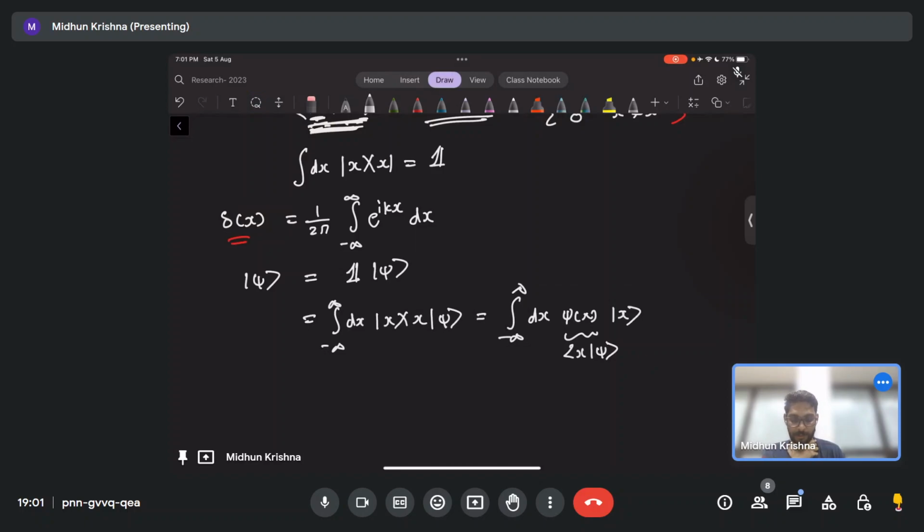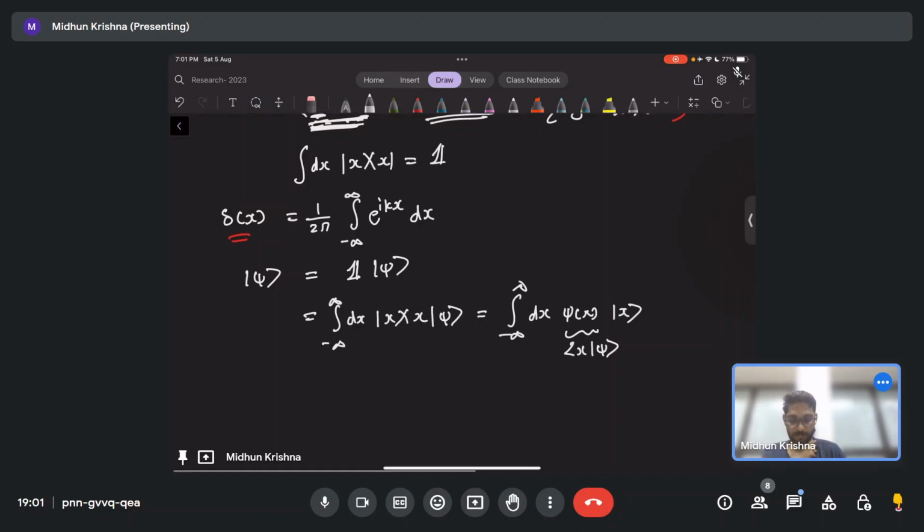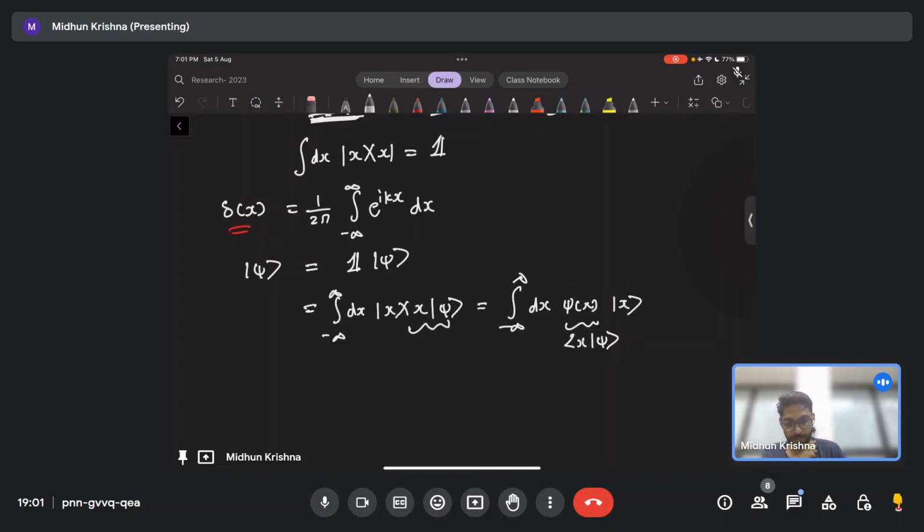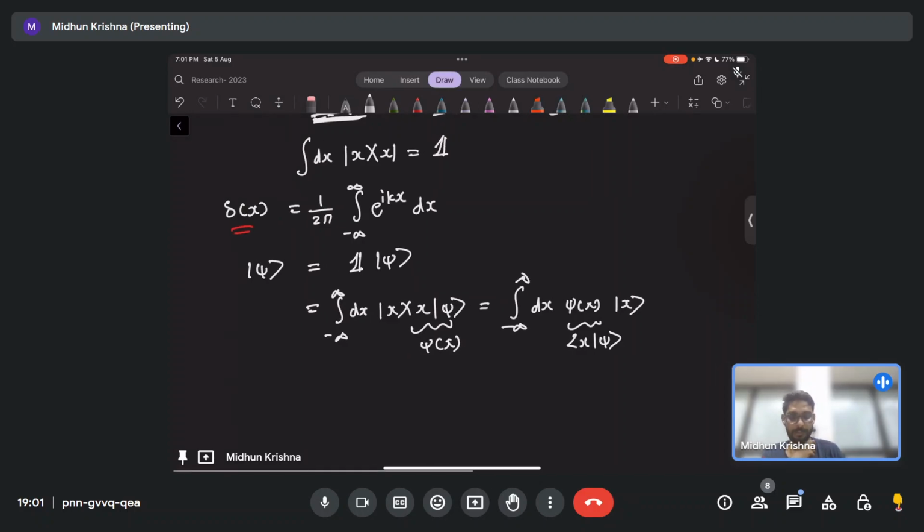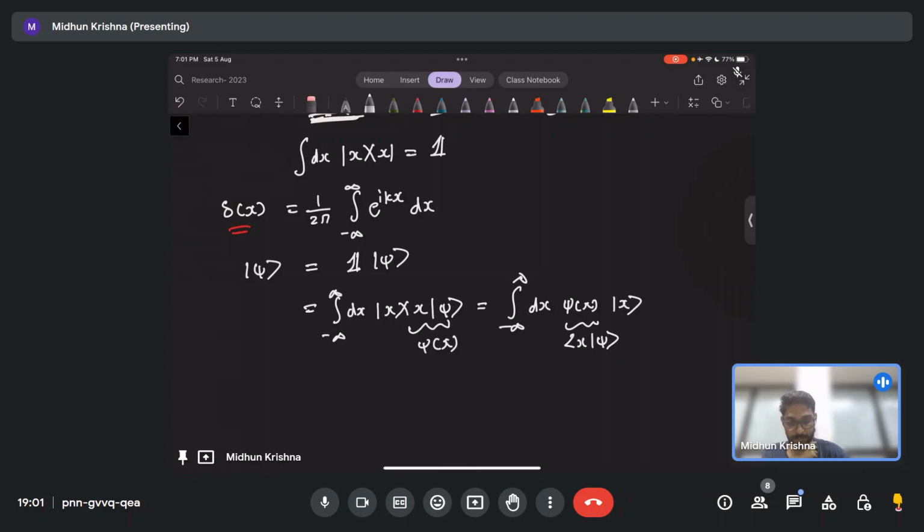When I apply the identity, this is an inner product, a complex number. I call this complex number psi of x. Now I can write the state in this form. Remember, this is equivalent to writing a_n phi_n in the previous discrete case. In the continuous case, this is how you write the state.